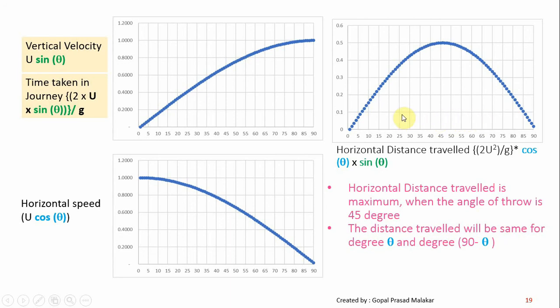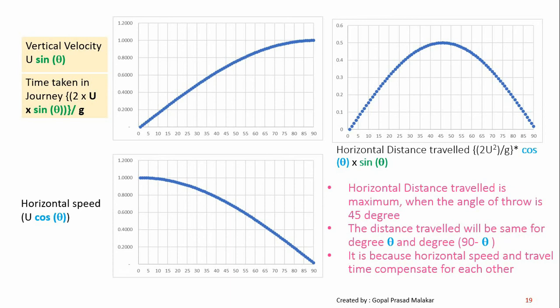Because at 25, 90 minus 25 will give you again how much? 65. So the distance traveled will be the same for degree theta and degree 90 minus theta. And this happens because the horizontal component and travel time compensate for each other. It is maximum when the projectile is thrown at an angle of 45 degrees.